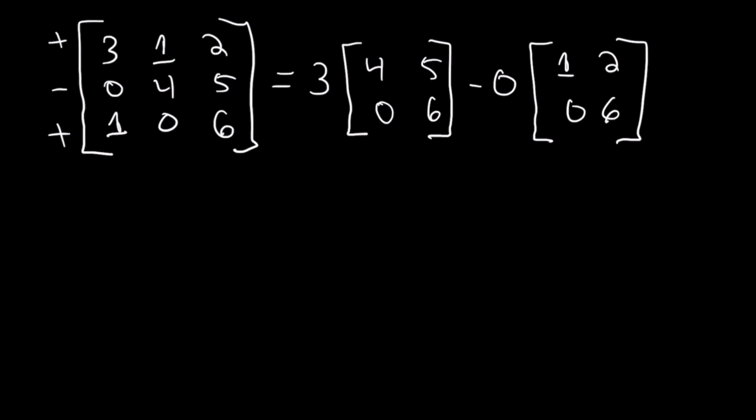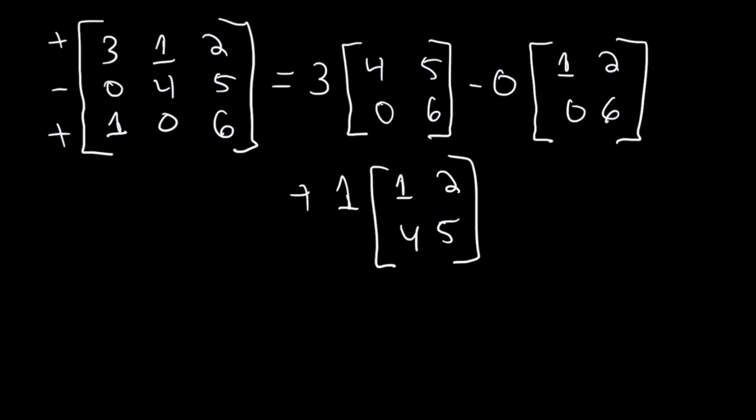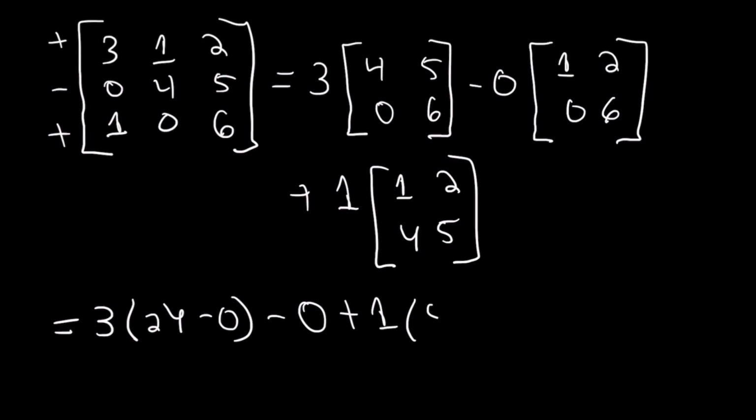And then plus 1. So then you're going to get 3 times 6 times 4 is 24, minus 0, minus 0, plus 1 times 5 minus 8.